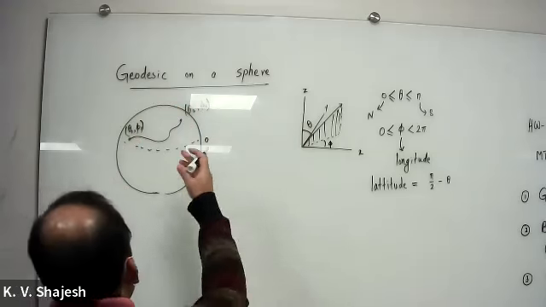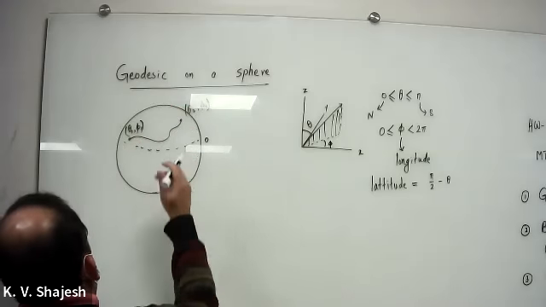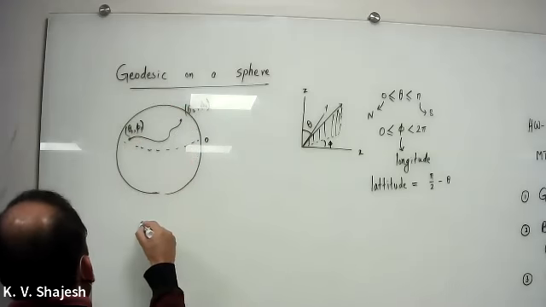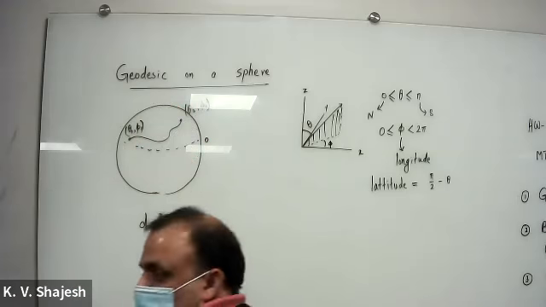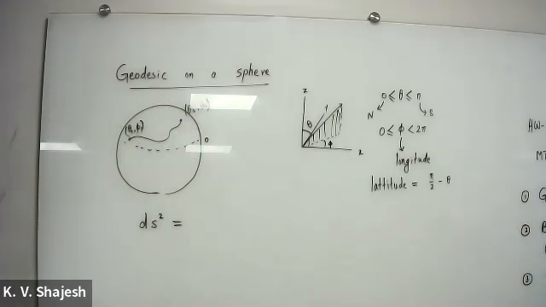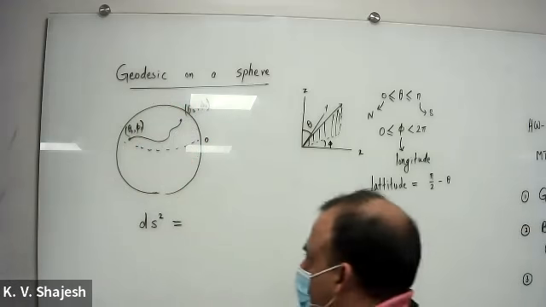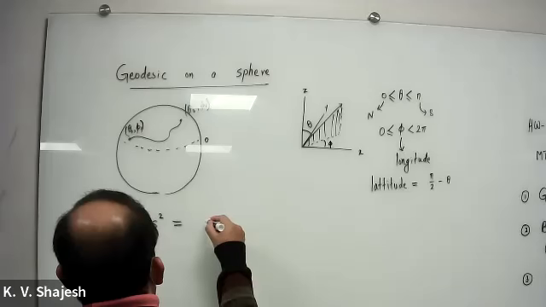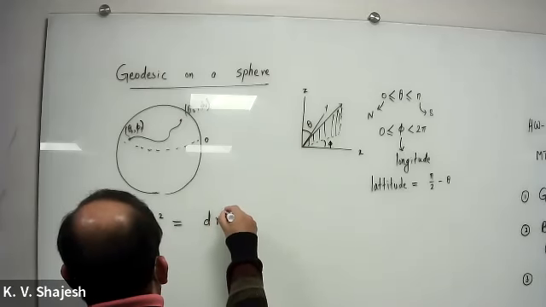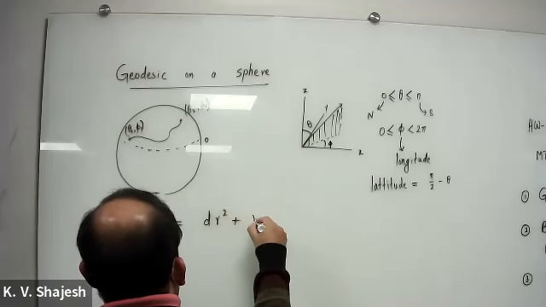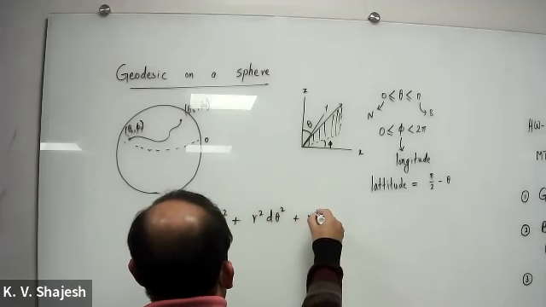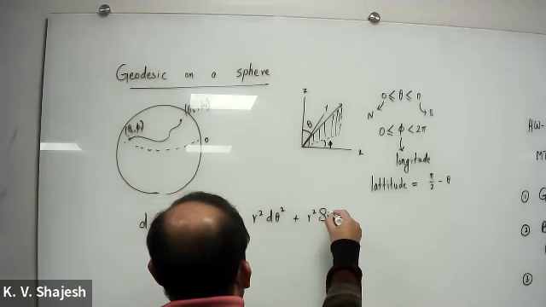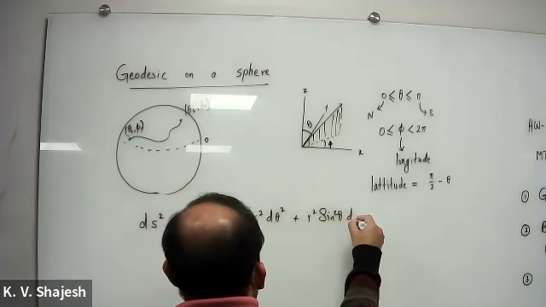You begin by describing a small line element, ds squared. In spherical polar coordinates, you will have dr squared plus r squared d theta squared plus r squared sine squared theta d phi squared.